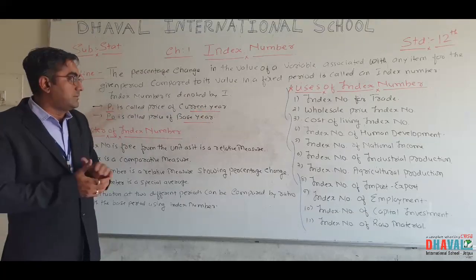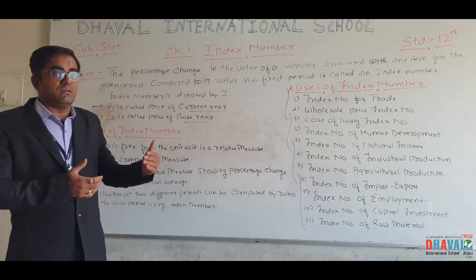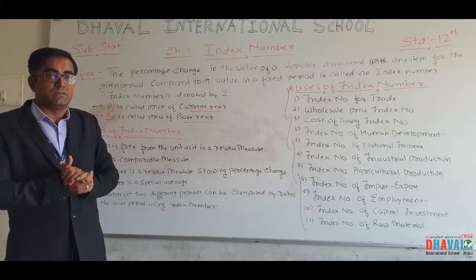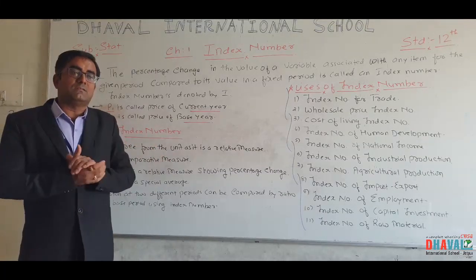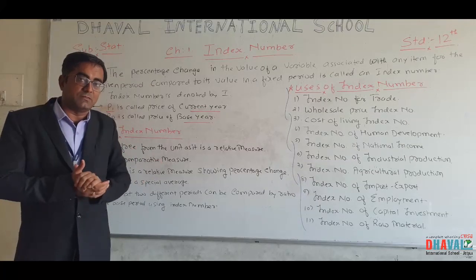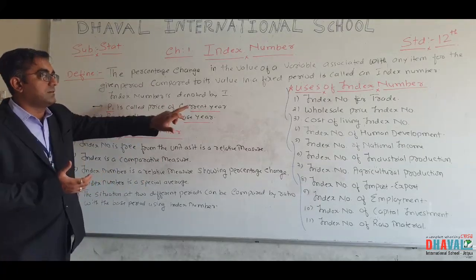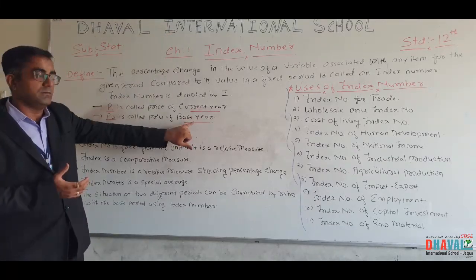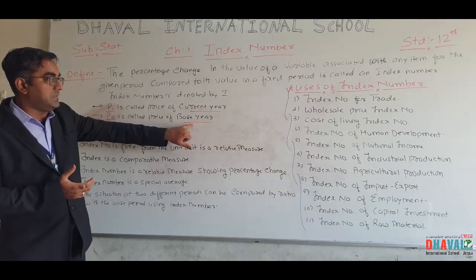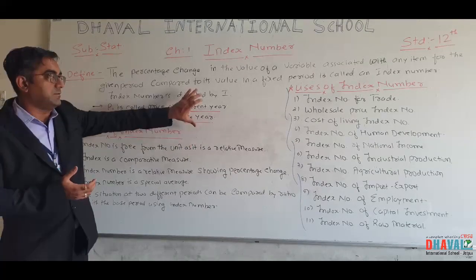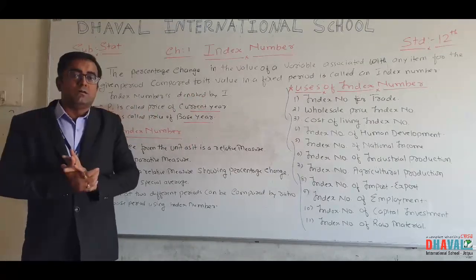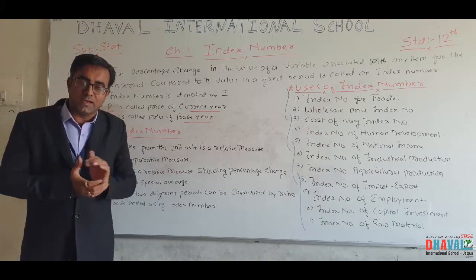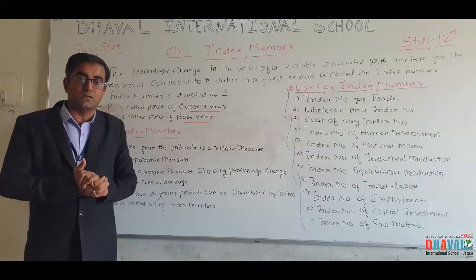But the price of gold in 2019 was suppose 40,000, or 38,000. When you compare the current year price with any previous year price, that previous year is called the base year. From the base year and current year difference we can calculate the increase and decrease in the value of any item which we purchase from the market.